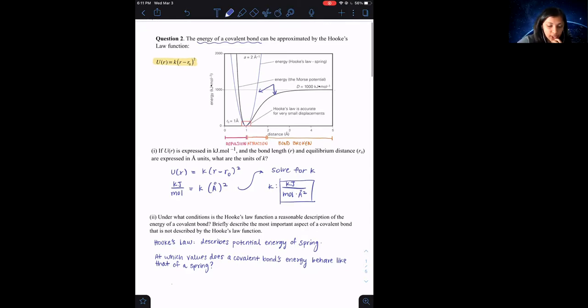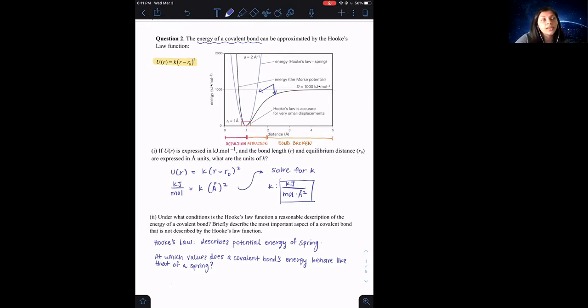This is where they don't overlap, at greater distances. If the atoms are brought further apart, the covalent bond would break, and there's no force between the atoms. So the bond energy stays at a constant value, again equal to the dissociation energy.